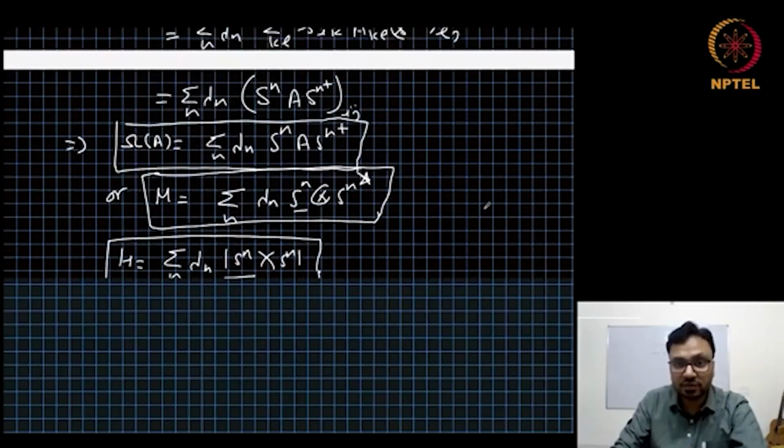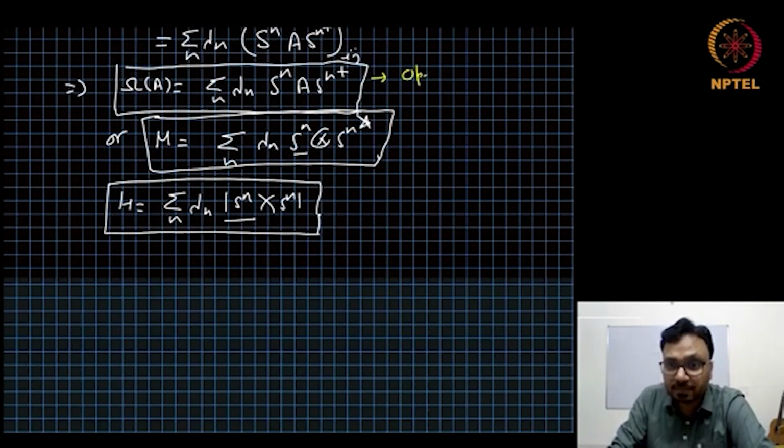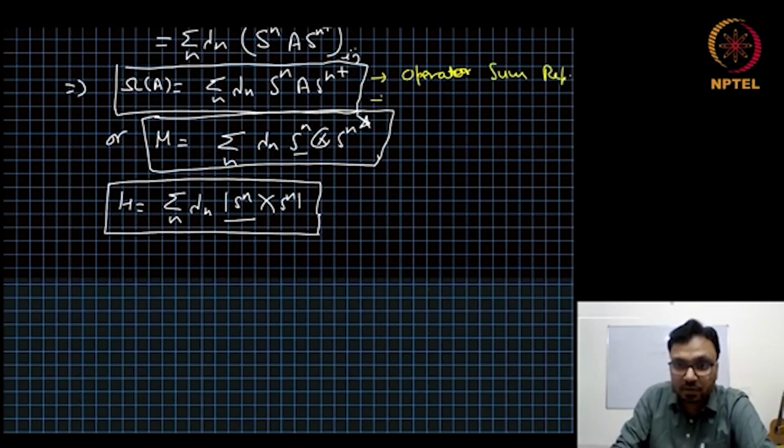This representation of the operator, or of the map here, is called operator sum representation, or Kraus operator representation.